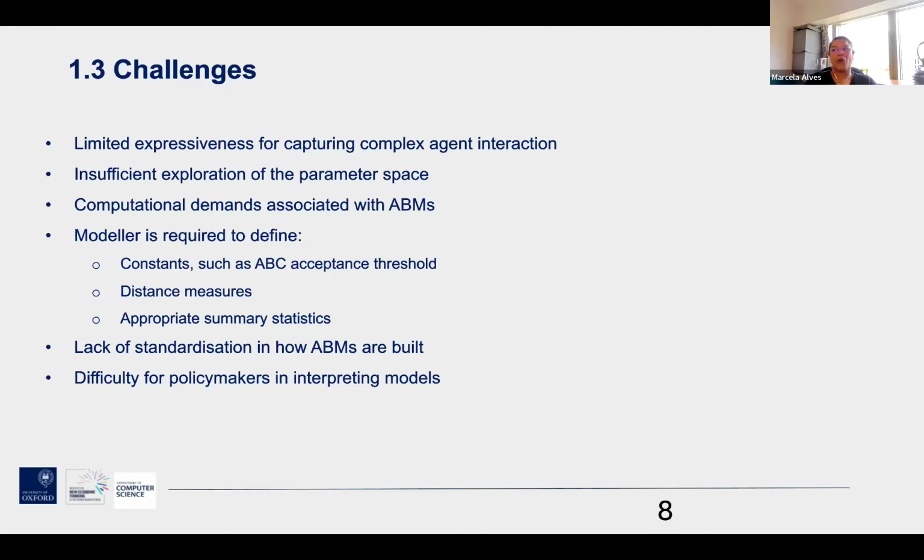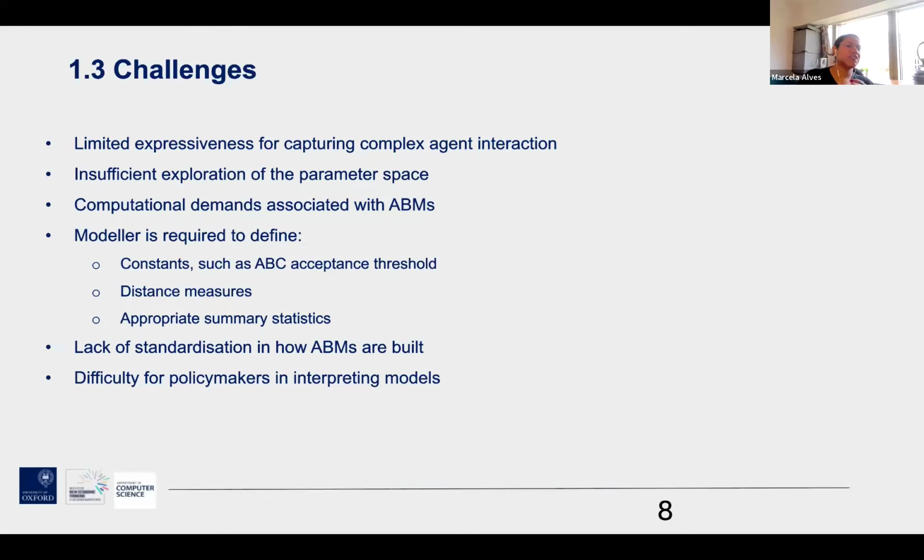And one very important thing here is that when dealing with these algorithms, the modeler, the person actually implementing the calibration or parameter inference, is responsible for some very important assumptions. So, for instance, if we are dealing with approximate Bayesian computation, the result will depend on the constants that the modeler defined.